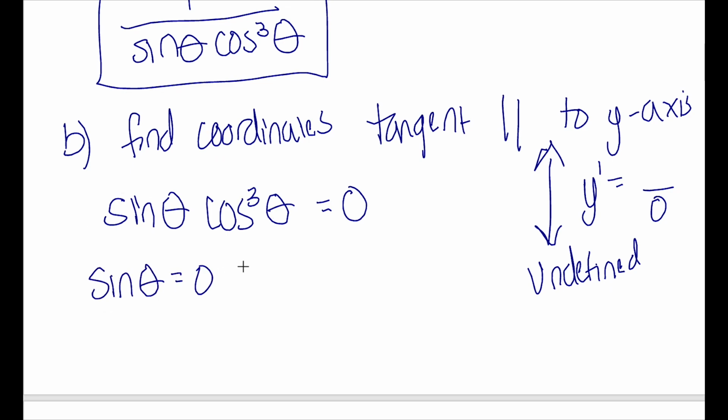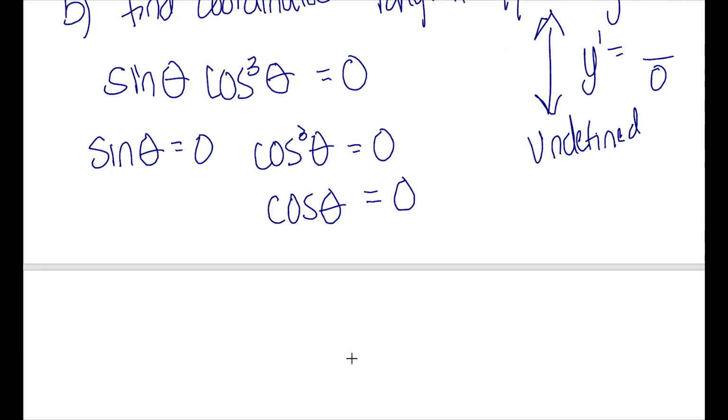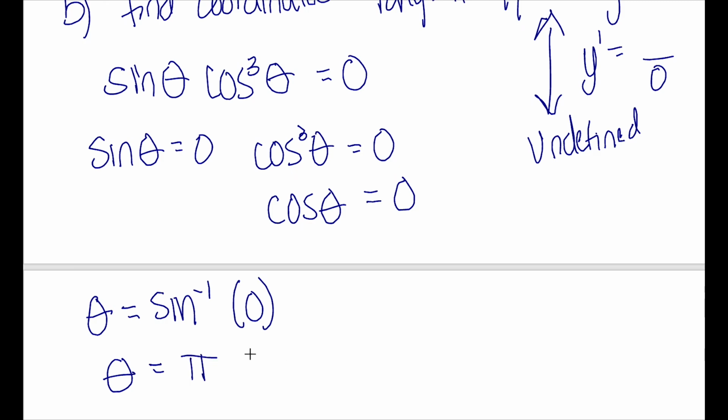Sine theta equals 0, and cosine cubed theta equals 0. Well, here if I take the cube root of both sides, it's cosine theta equals 0. Okay. So the inverse sine of 0 gives you pi.